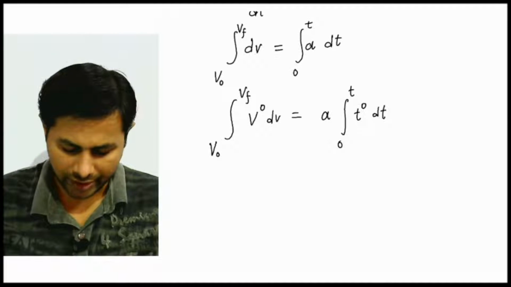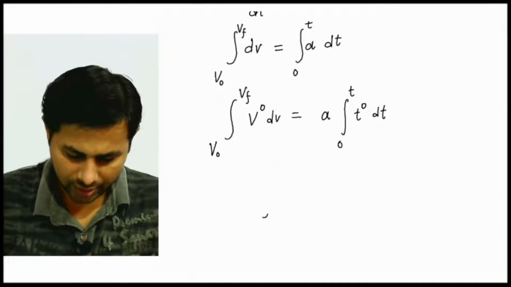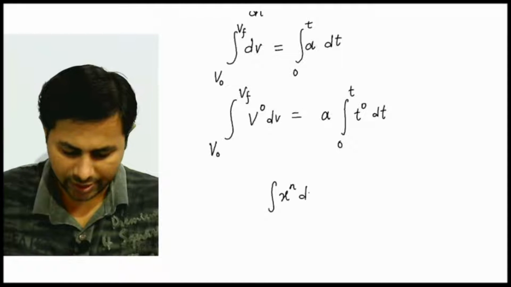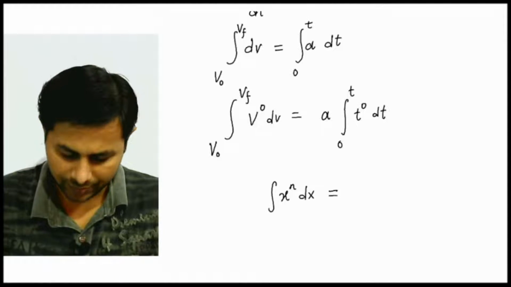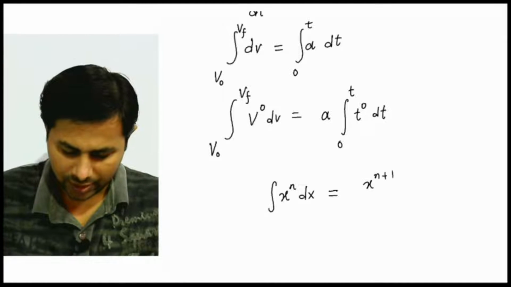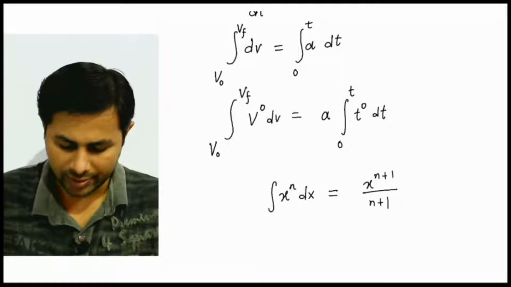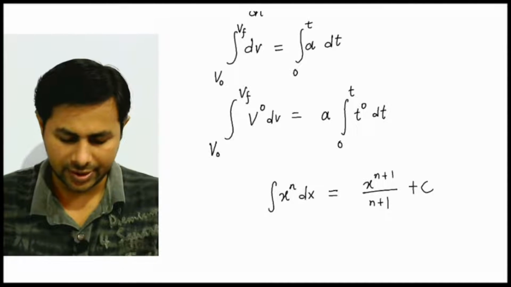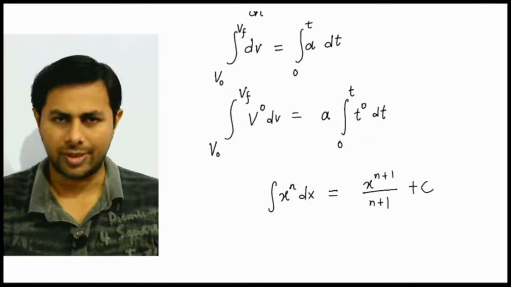And then we have this formula. So for example, integral of x raised to n dx is equal to x raised to n plus 1 divided by n plus 1. Okay, plus c for the indefinite integral, and if it is definite integral then we have to substitute limits.